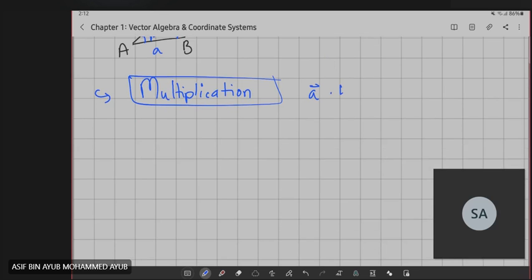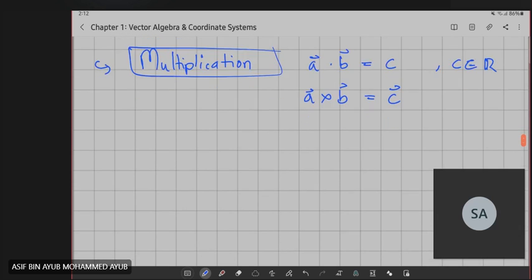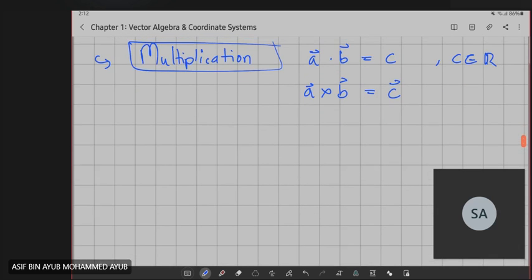When you have the dot product, you get a scalar, some number C, where C belongs to the real numbers. And if you take the cross product between two vectors, you get a vector C. We'll see how you compute the dot product and the cross product. Let's begin with the cross product.